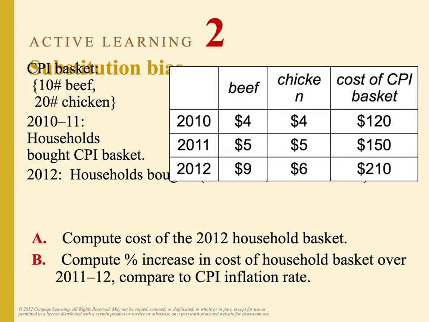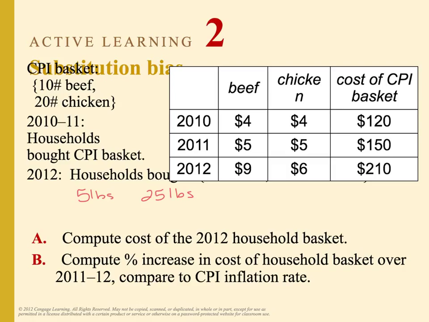Okay, so one of the questions we were asked in Learning Objective 1 was to look at a change in beef and chicken. There's a piece missing from this particular problem. You can't see it real well, but it says that because of the price rise in beef, in 2012 consumers only purchased 5 pounds of beef, and they increased chicken to 25 pounds, which changes our baskets a little bit because of this substitution bias.